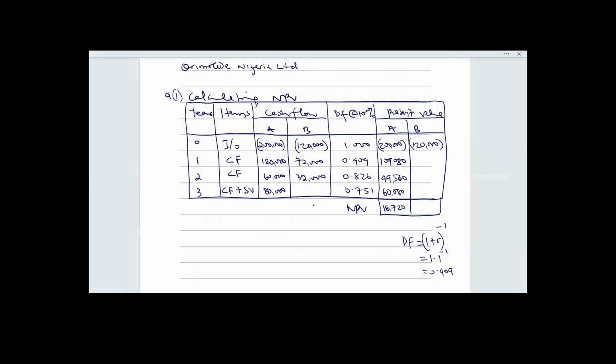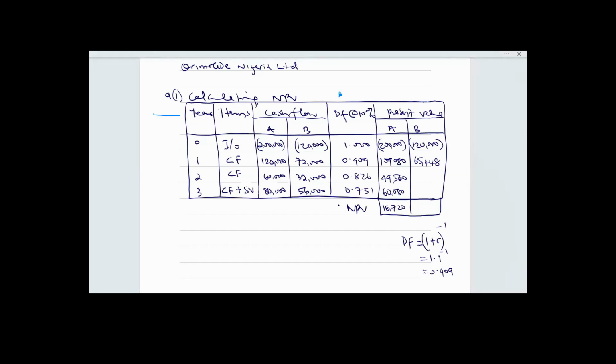Then 44 plus scrap value of 12,000, that will be 56,000. So let's multiply 72,000 multiplied by 0.909 equal 65,448.